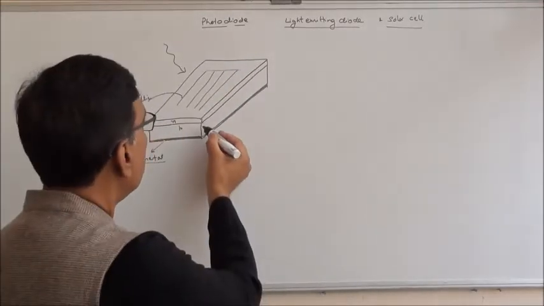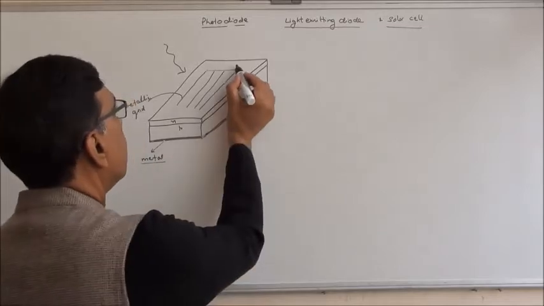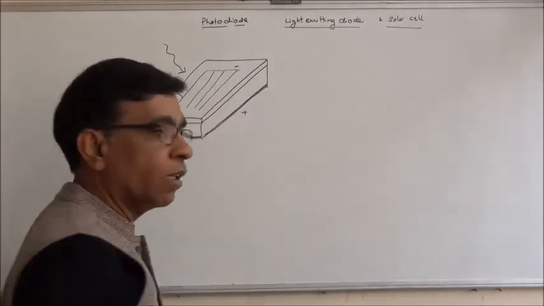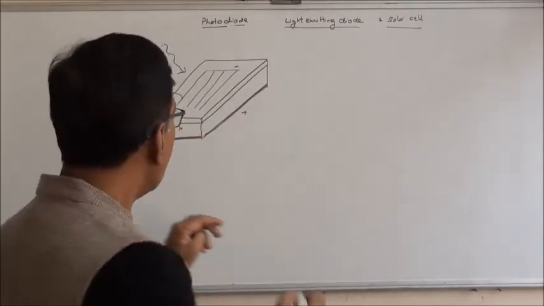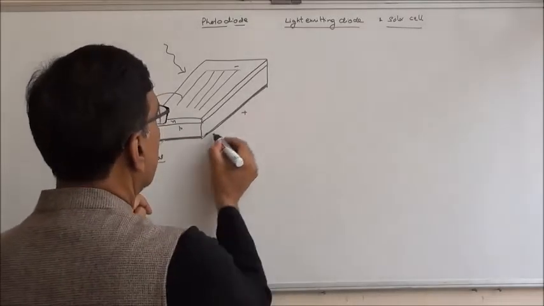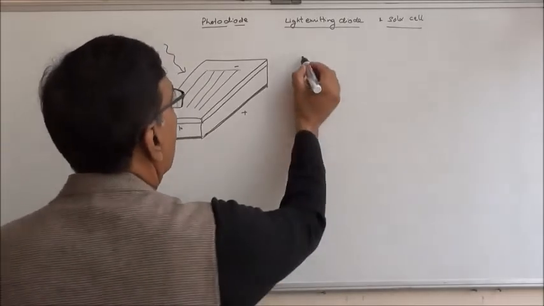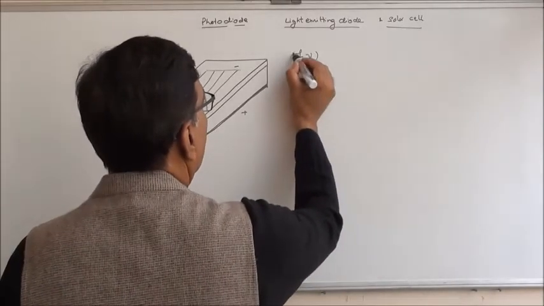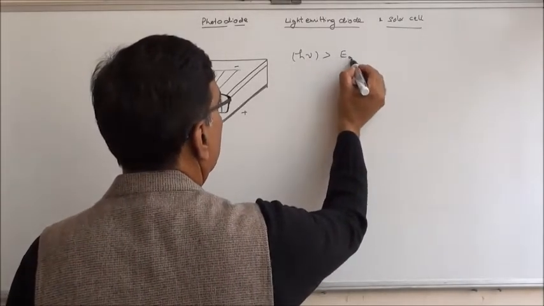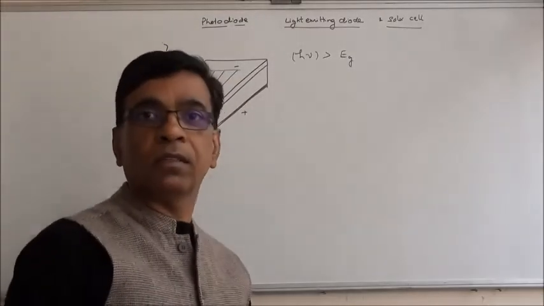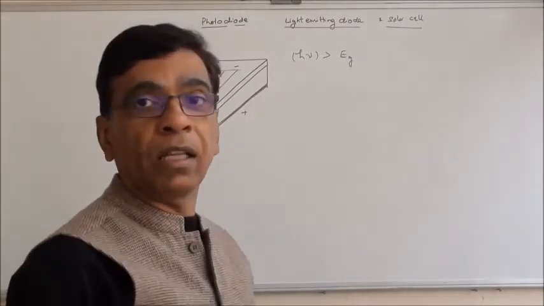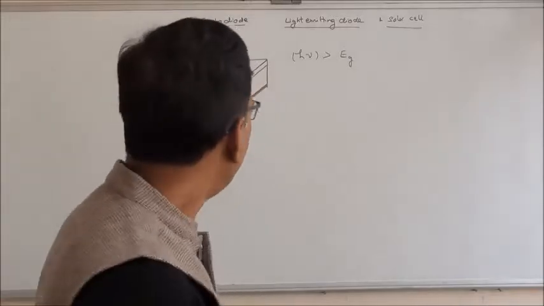So electrons will move to the N side and positive charge will get collected as holes on the P side. So this base becomes positive and this negative. Again the condition is that the incident radiation should have energy more than the band gap to produce electron hole pairs.